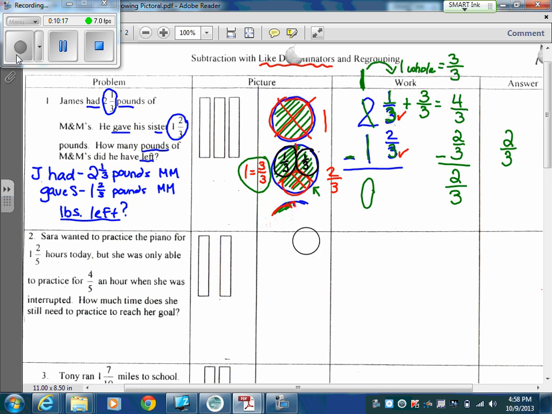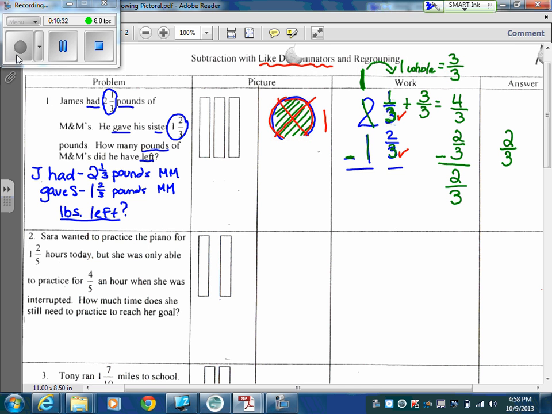Okay, so I'm going to get rid of this. I'm going to use the pizza thing again, just the picture or the model of the pizza. So if she has 1 2/5, I need to break this up into 5 pieces.